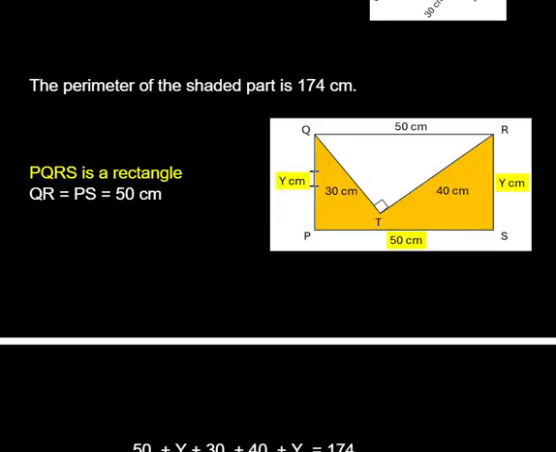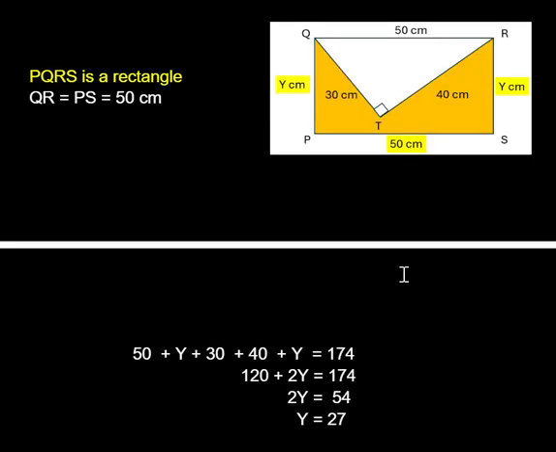Let's solve it. The perimeter of the shaded part is 174 centimeters. Since this is a rectangle, if this is 50, this has to be 50. So the only two unknowns now are the lengths here, which I label as y centimeter. PQRS is a rectangle, so QR is equal to PS, which is equal to 50.